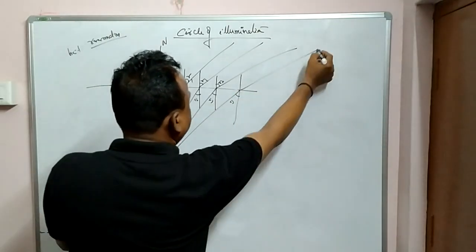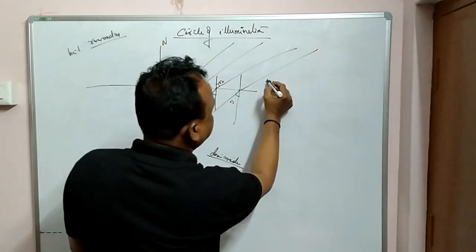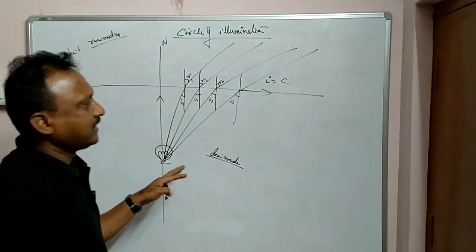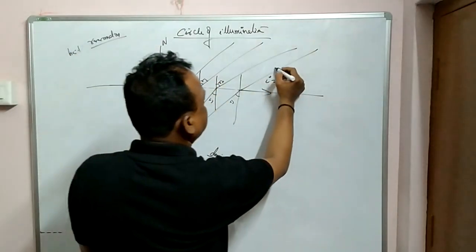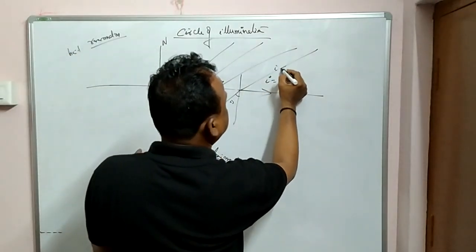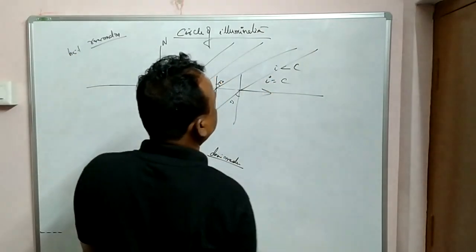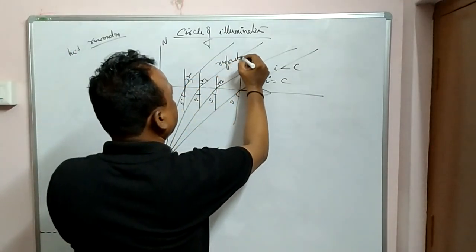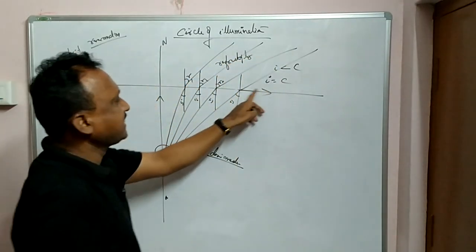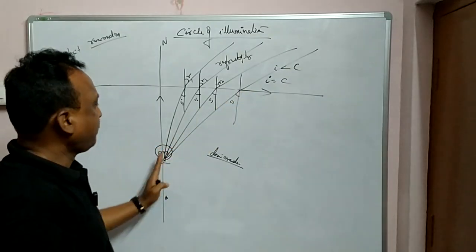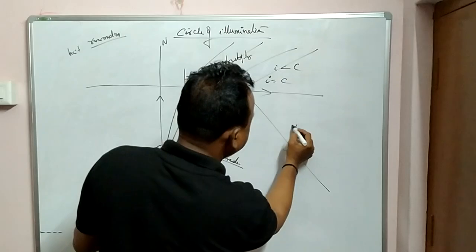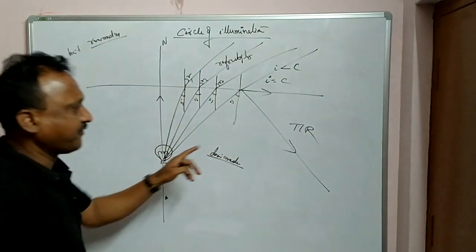At a particular time when I is equal to C, it is grazing the surface. When I is less than C, it is refracting. This is refraction of light. When I is equal to C, it is grazing. But if you go on increasing, what happens? Again, light will come back. This is called total internal reflection.